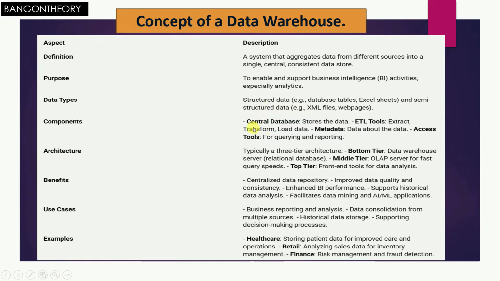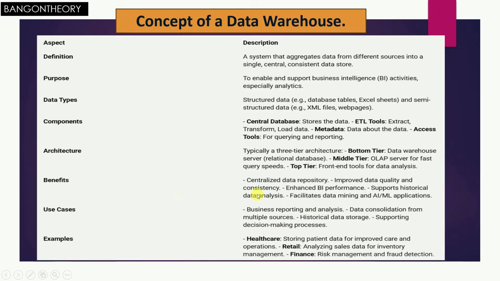These are the components: a central database that stores the data, ETL tools to extract, transform and load, metadata, and access tools for querying and reporting. In terms of architecture, we have a top tier, middle tier and bottom tier. Benefits are a centralized data repository, improved data quality and consistency, enhanced BI performance, and support for historical data analysis.